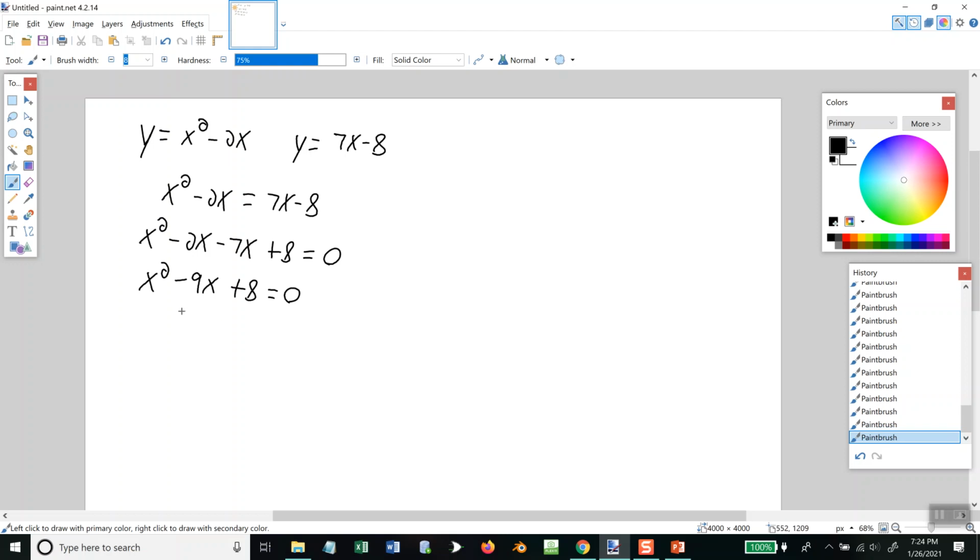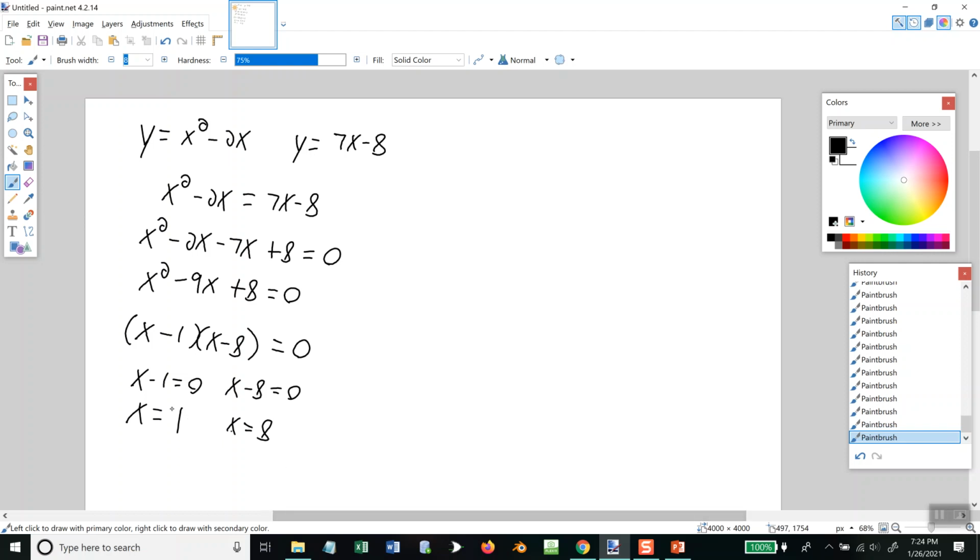This will factor as x minus 1 times x minus 8. The zero factor property, zero product principle, whatever you learned it as, where you have each factor equal to 0, you set each one of these equal to 0 and solve. And you get x equals 1 and x equals 8.